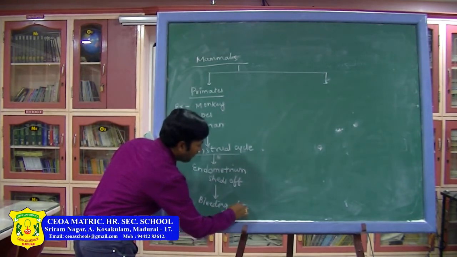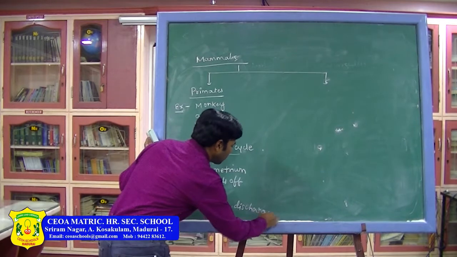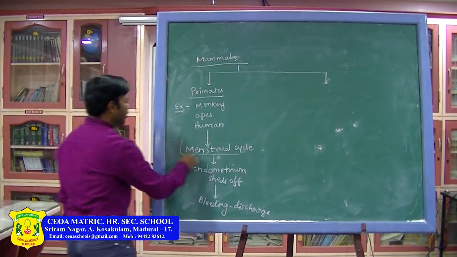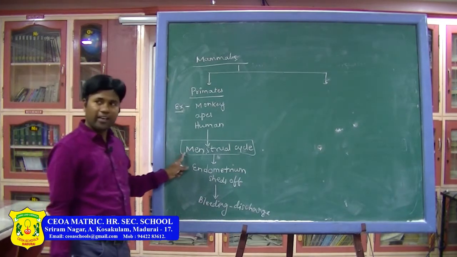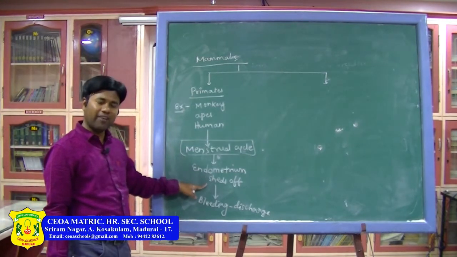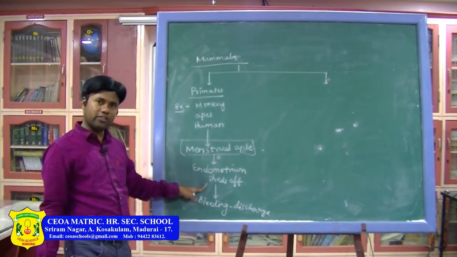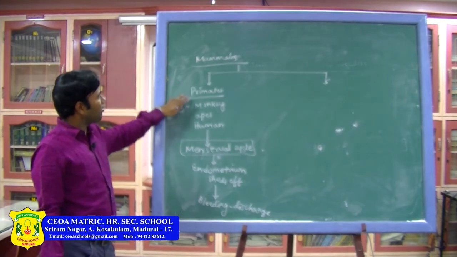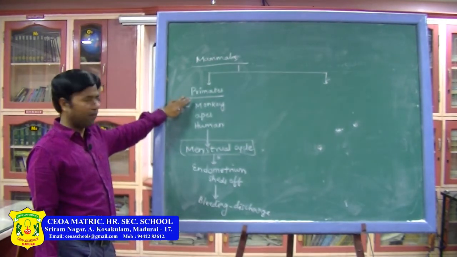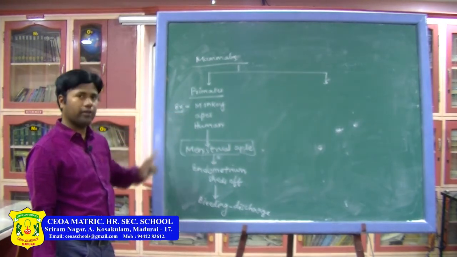This is called the menstrual cycle. What happens in the menstrual cycle? The endometrial wall sheds off and comes out of the body in the form of bleeding, and that is what we are calling discharging. So, where do you observe this? In primates. What are the examples for the primates? Monkey, apes and human beings.